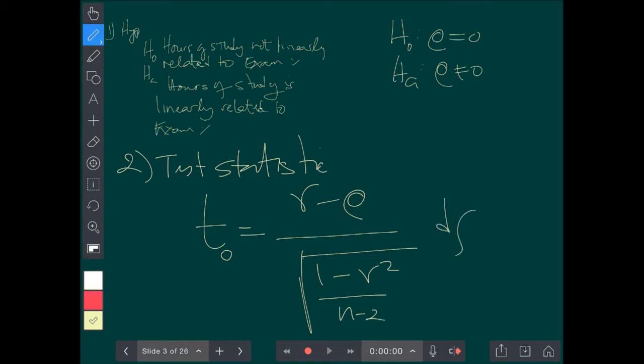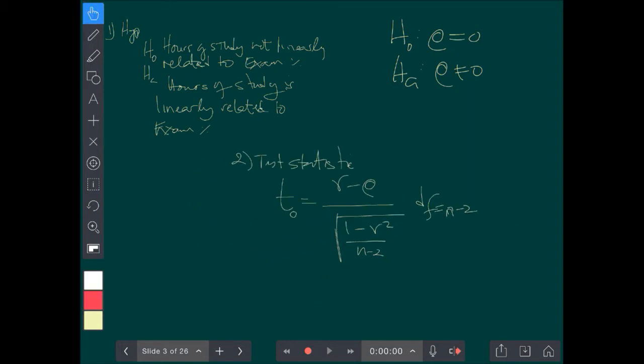The degrees of freedom in this case is n minus 2 because we have two variables. We have x and we have y. And so therefore we have n minus 2 degrees of freedom in this situation. Whenever we're dealing with simple linear regression, that's what we have.